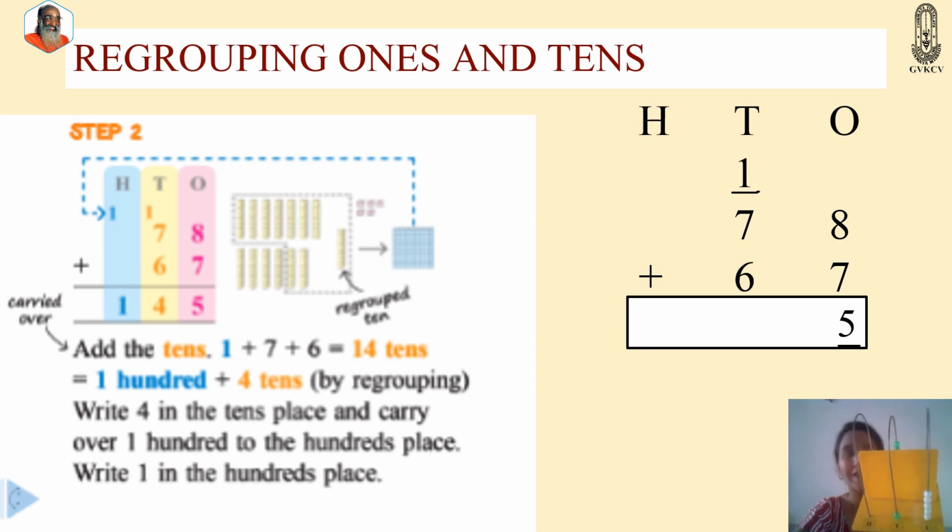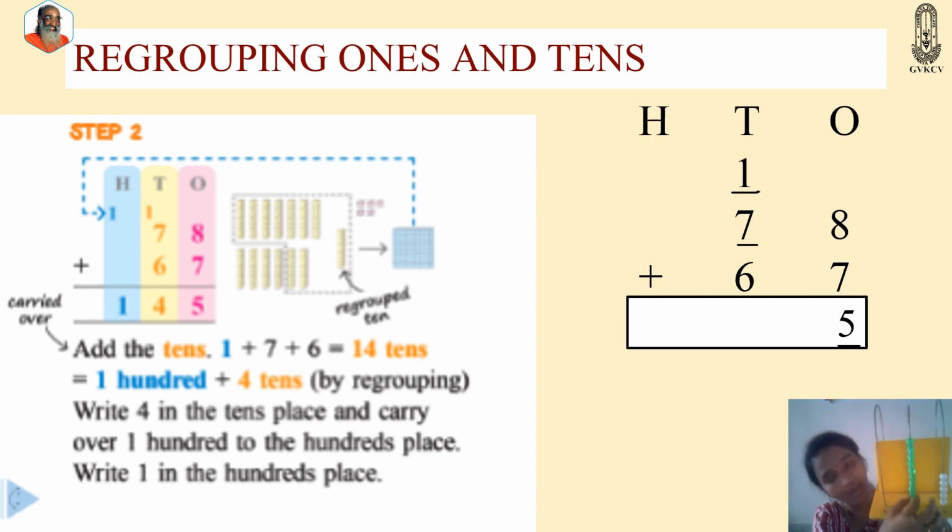To this we should add 7 more beads. See, in tens I am adding 7: 1, 2, 3, 4, 5, 6 and 7. Okay. To this 1 and 7 we should add 6 more beads. So 1 and 2. From this, 10 is completed.